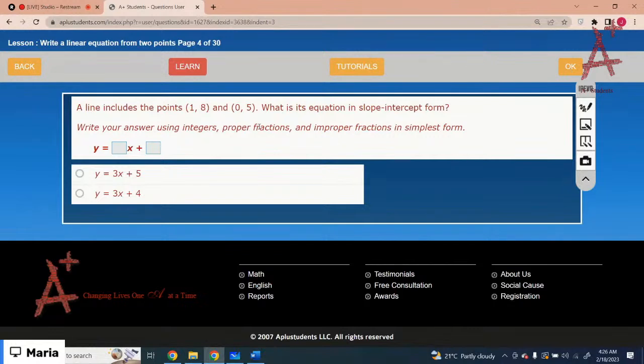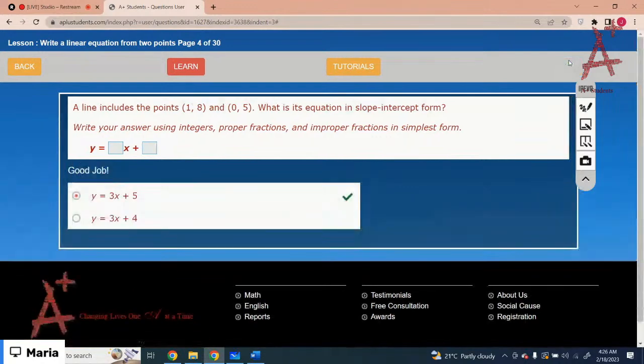That is option number 1. Got it? Very good. y equals 3x plus 5 is the correct option.